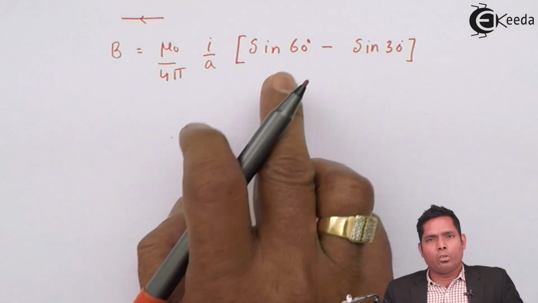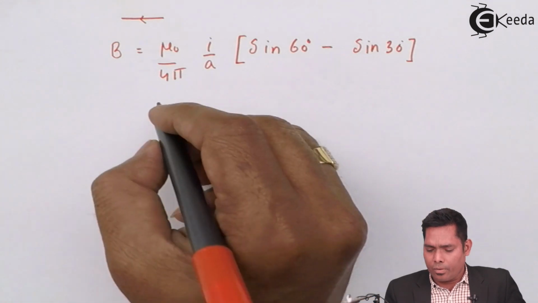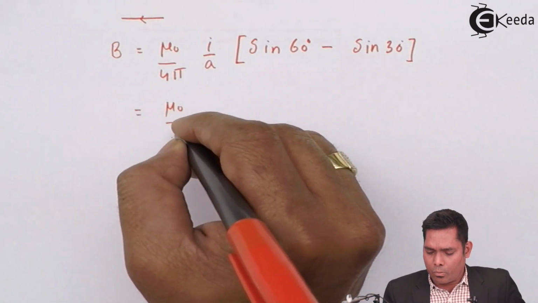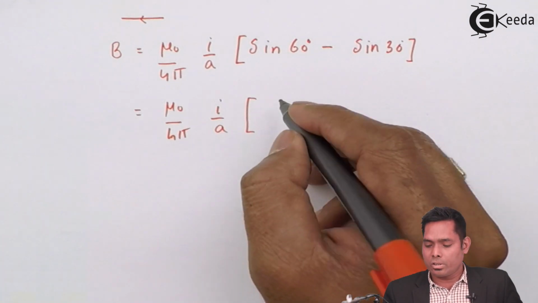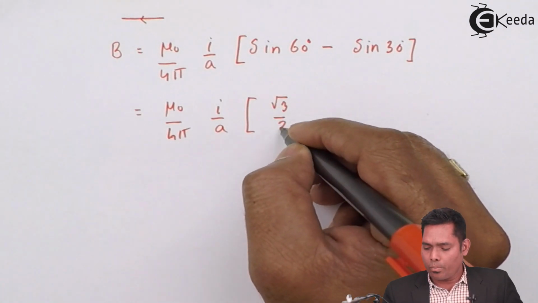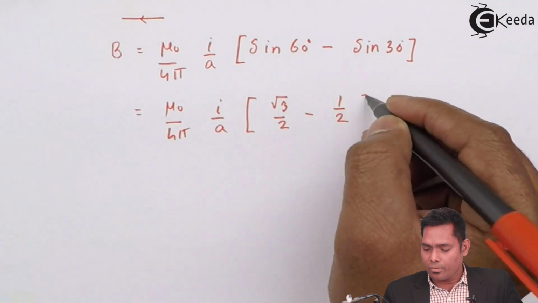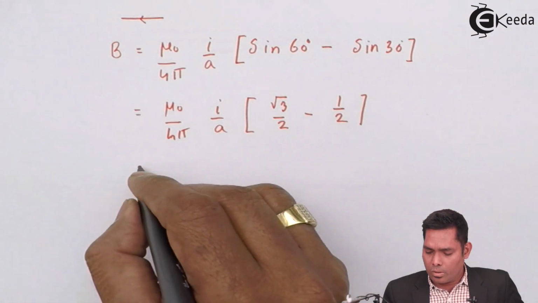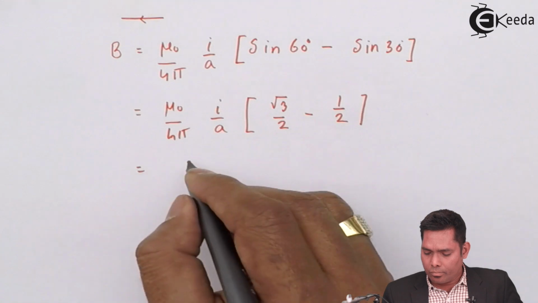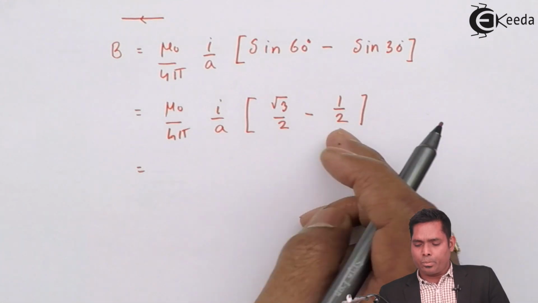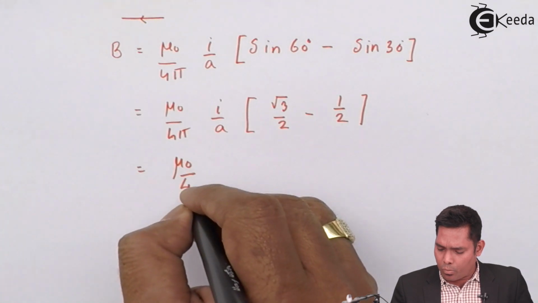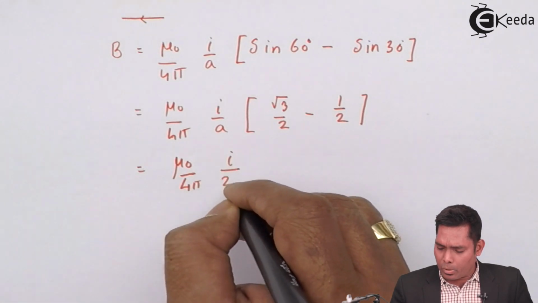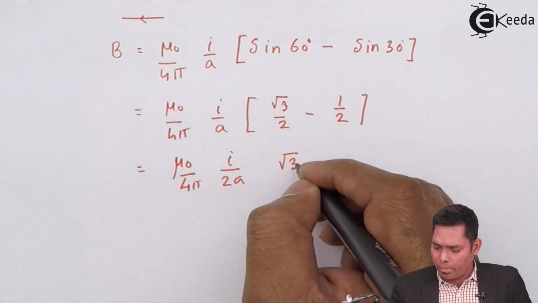Now putting the value of sine 60 and sine 30, we get mu naught upon 4 pi, I over A, sine 60 is root 3 divided by 2 minus sine 30 is half. This 2 goes out, and this is mu 0 upon 4 pi, I divided by 2A, root 3 minus 1.